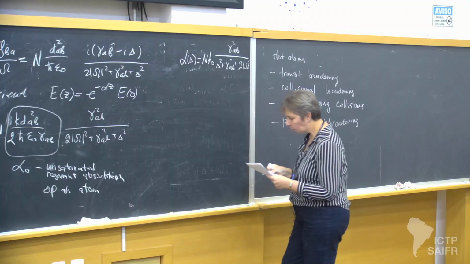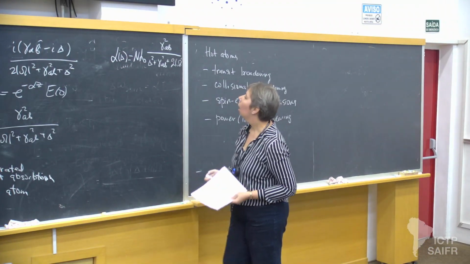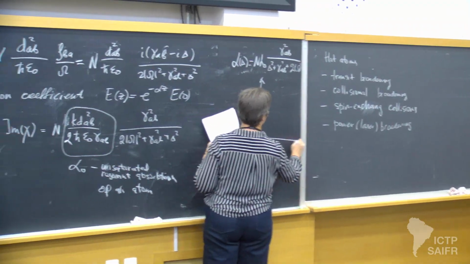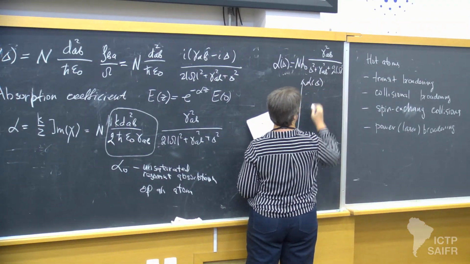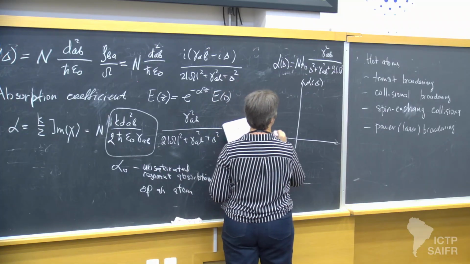Okay? So that means that if I look at the absorption as a function of detuning, I'm going to have a nice Lorentzian resonance.